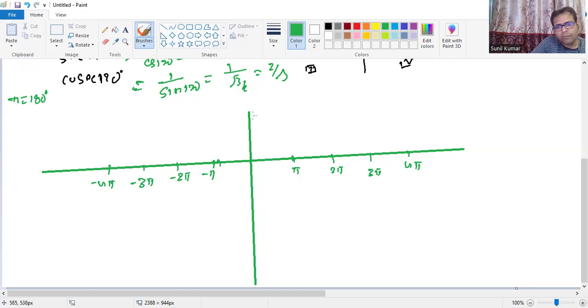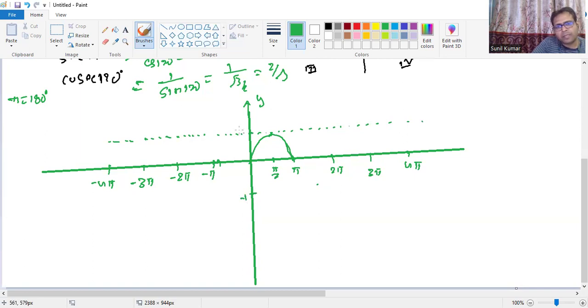So we are going to draw the sine graph. We know that the maximum sine value is 1, so just mark the line y is equal to 1 here. We know that at pi by 2, sine pi by 2 is the maximum, so we get the maximum like that, and then it comes down to sine pi equal to 0. Similarly, for the negative side we mark minus 1.